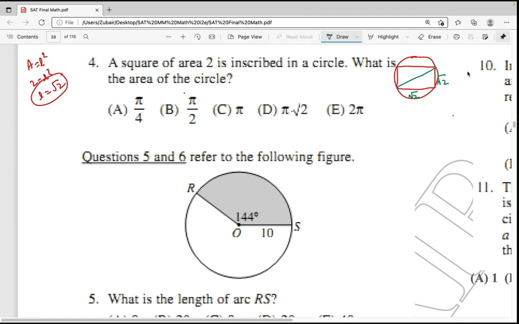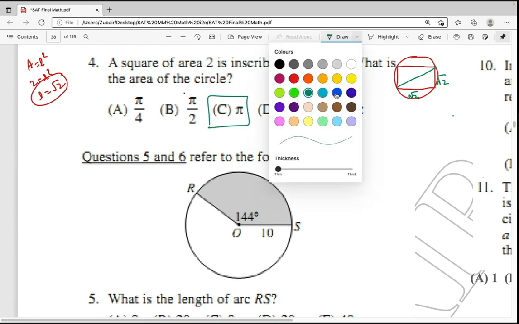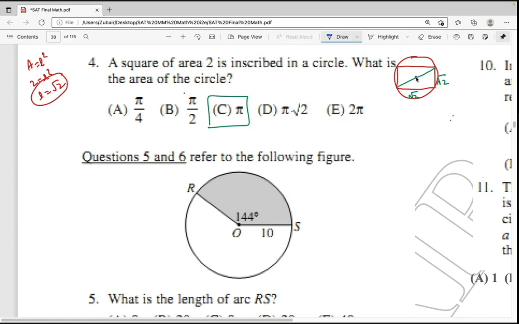Is the answer C? That's correct. Now just quickly to revise. Remember this: 1, 1, square root 2, and this was 45.